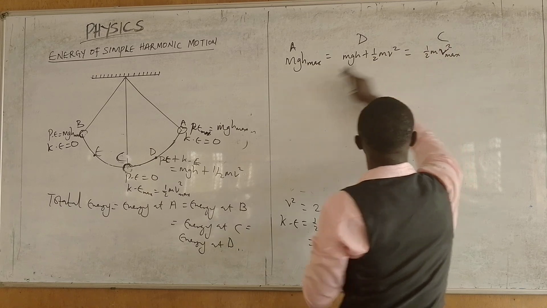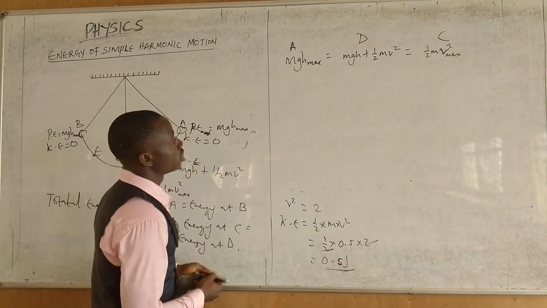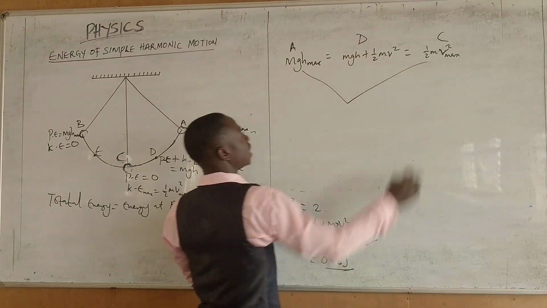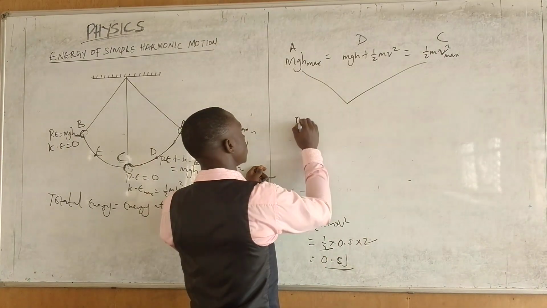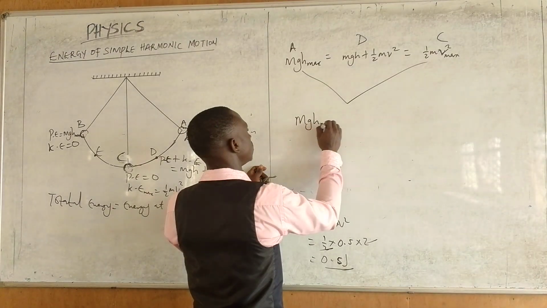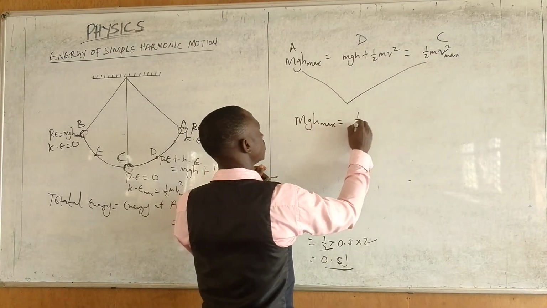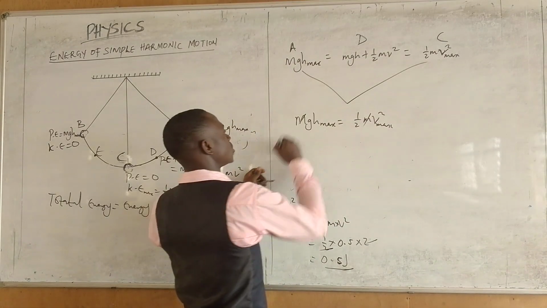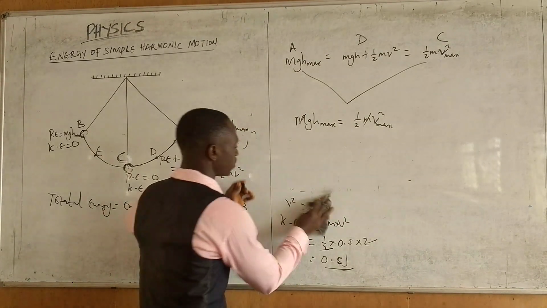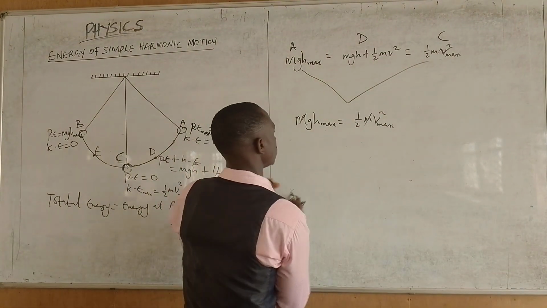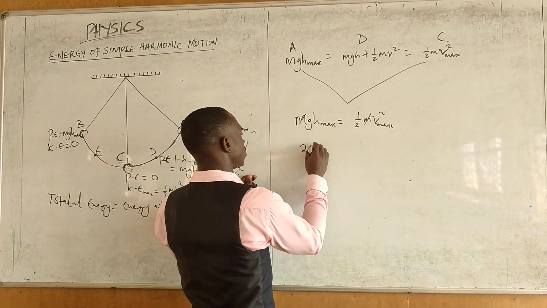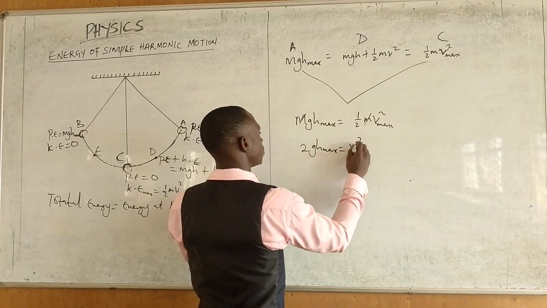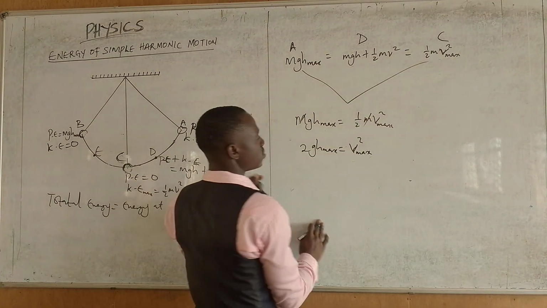So you can equate any of these to each other. So I want to equate these two together, energy at A and at C, which is now going to be mgh max equals half mv squared max. So this mass can cancel each other. Now, if you cross multiply, you have 2gh max equals v square max.